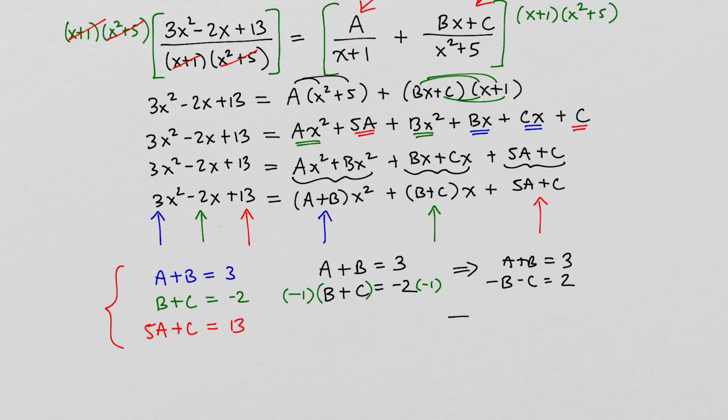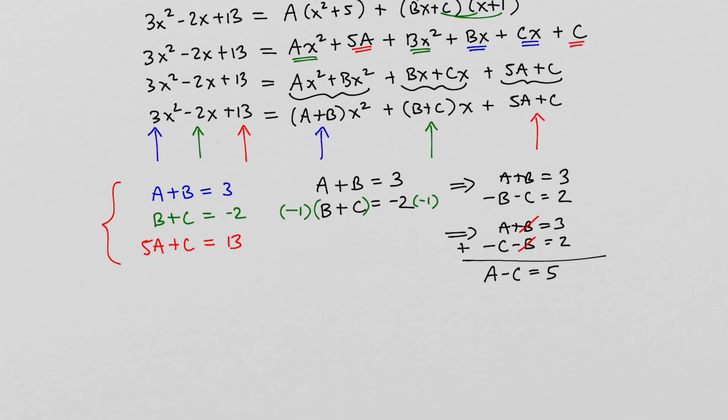Now, if I rewrite this, I can say a plus b equals 3, and instead of saying negative b minus c, I can say negative c minus b is equal to 2. And now you can see that if you add these two equations together, the positive b and the negative b cancel out, and we get a minus c is equal to 5. So what I did there is I got rid of the b.